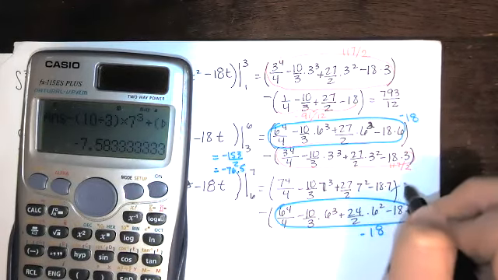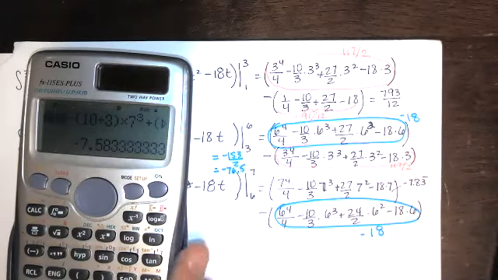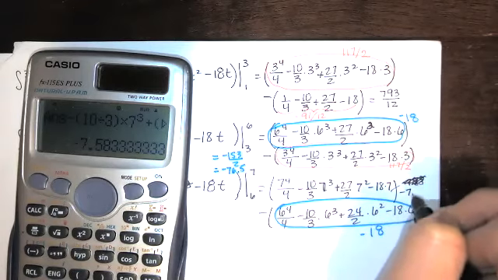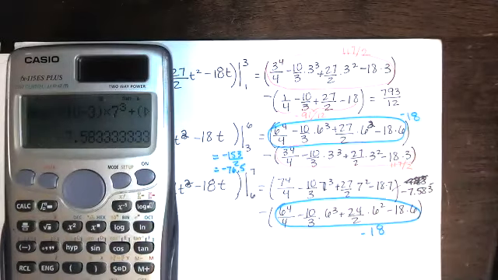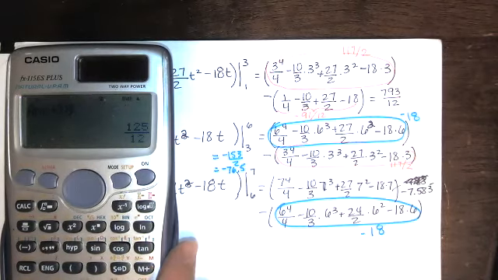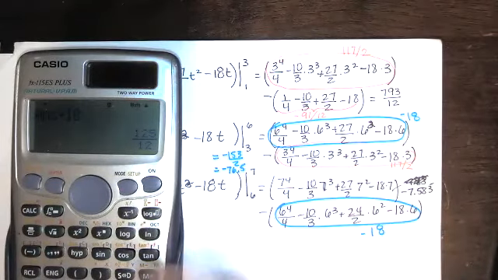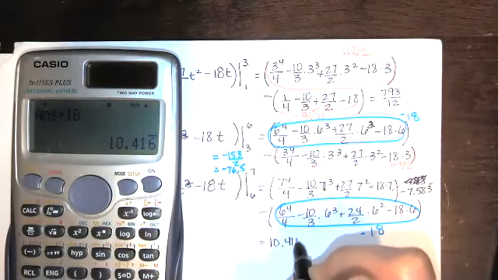I wonder what that decimal equivalent is. That's negative 7.583 repeating, it looks like. And we're subtracting a negative 18 from that. So we're adding 18 to that. And we get 125 over 12. So this is 10.416.